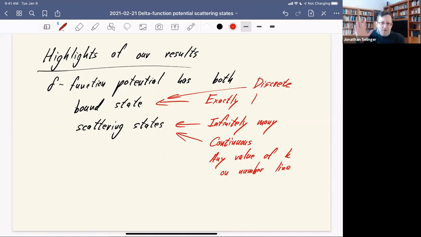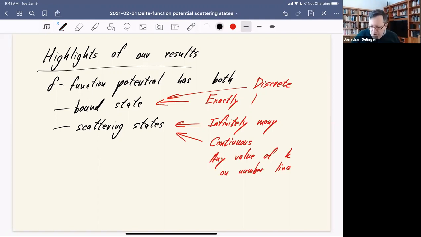We can count it on our fingers, on one finger. There's one of them. But even if there's more than one, we could say, what are the allowed values of kappa? Value number 1, value number 2, number 3, etc. Those are general principles in quantum mechanics: we can have both kinds of states, the bound states are discrete, and the scattering states are continuous.